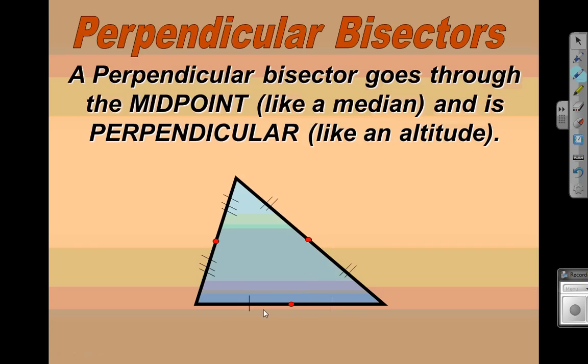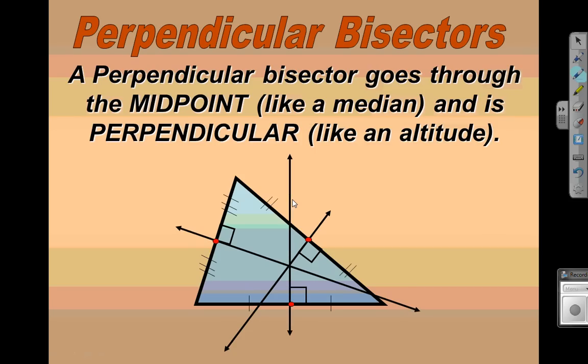So you can see down here we have our median, we have our midpoint, and if we draw a line perpendicular, it's going to run right up and down. Okay? It is the median and an altitude combined together. It cannot possibly go through the vertex.